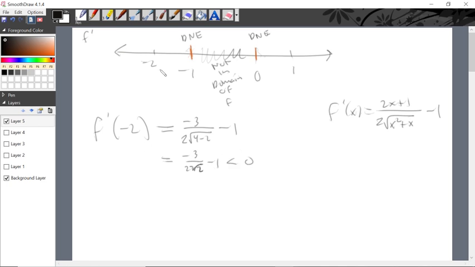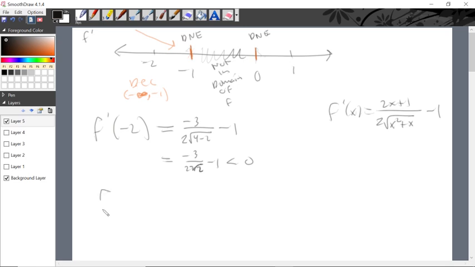So the second derivative is negative at negative 2. So that means that the function is therefore decreasing. It's going to be decreasing within the open interval from negative infinity to negative 1. Remember, negative 1 itself is included within the domain of the original function, but negative 1 is not in the domain of the derivative.